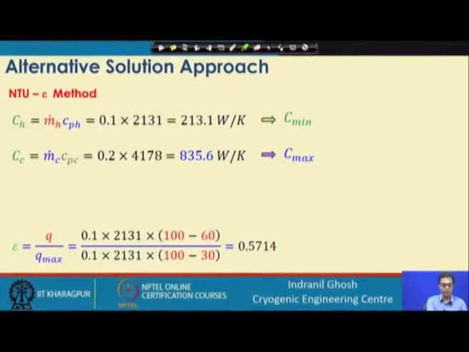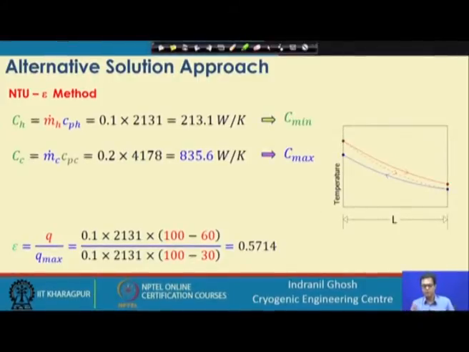So, here we have the cold fluid as the maximum heat capacity fluid and the hot fluid is the minimum capacity fluid. What it means is that, depending on its capacity, the inlet of the hot fluid can at the most reach the inlet of the cold fluid.